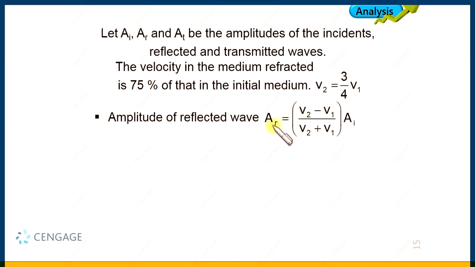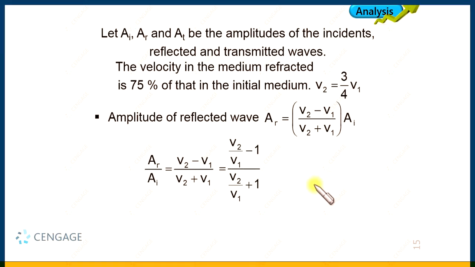So, this equation will become AR equals (V2 divided by V1 minus 1) divided by (V2 divided by V1 plus 1) times AI, right. If we substitute the value V2 by V1 equal to 3/4, this is 3/4 minus 1 over 3/4 plus 1. So, after calculation, this value is minus 1/7, right.